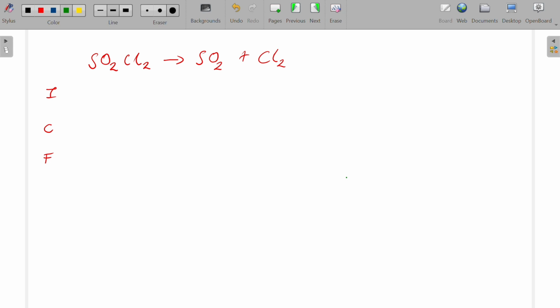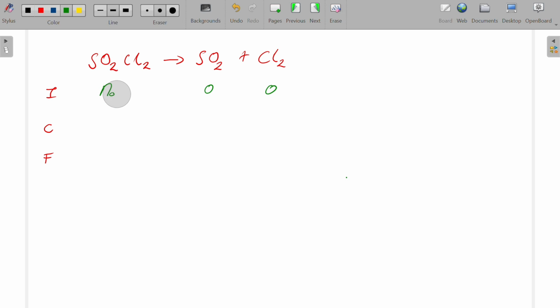Initially, we only have a number of moles that we represent by N initial for the reactant. On the product side, we don't have anything before the chemical reaction took place. After the reaction has started, we are going to have a change in the number of moles we have initially for all the reactants and products.